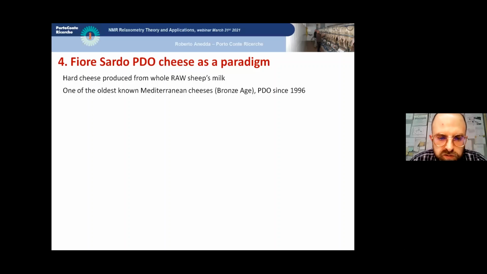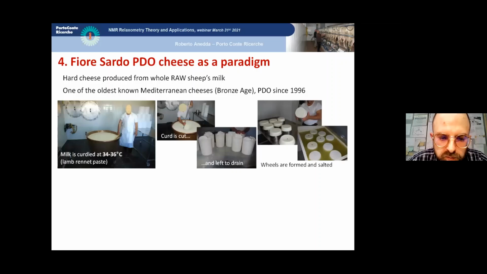Milk must be used raw. Paste is not cooked. The production of Urasado is very simple. It consists of several steps. In the first, milk is heated to 34 to 37 Celsius degrees. Then it is curdled using lamb rennet paste.